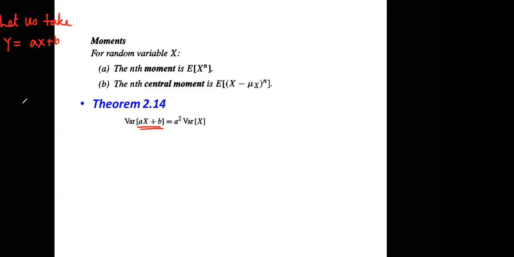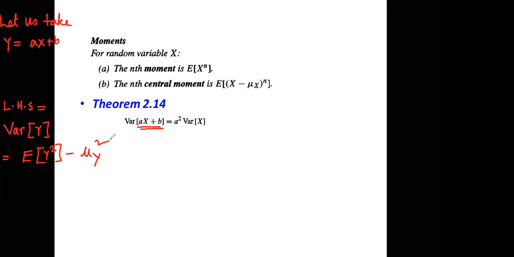So definitely variance of y is the left hand side. And we know what variance of y is. Variance of y is the expected value of y square minus mu y square. Do you agree? Yes, sir. Okay.